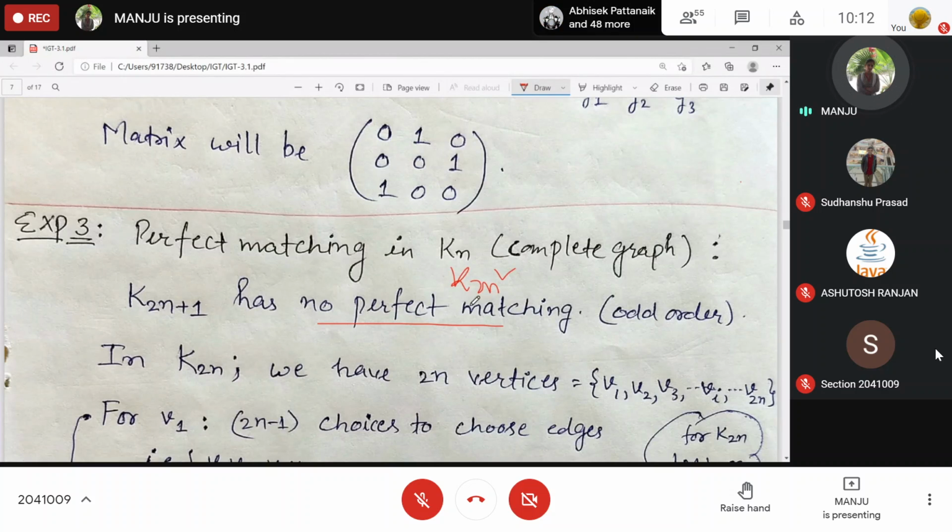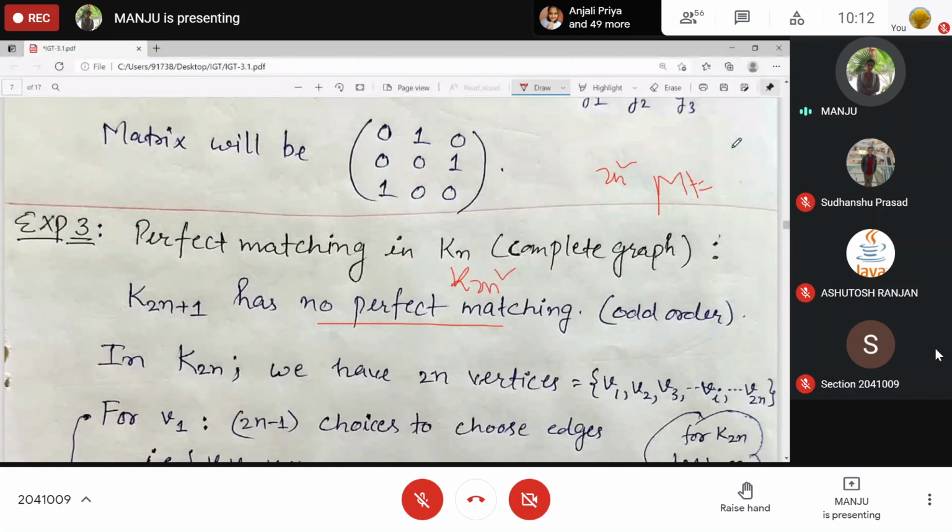Okay, if a perfect matching exists, what is the cardinality of the matching? We have 2n vertices. What will be the cardinality of that matching if a perfect matching exists? A matching contains edges, and one edge is associated with two vertices, and no vertex is common between any two edges.